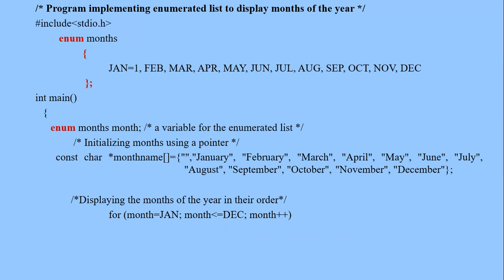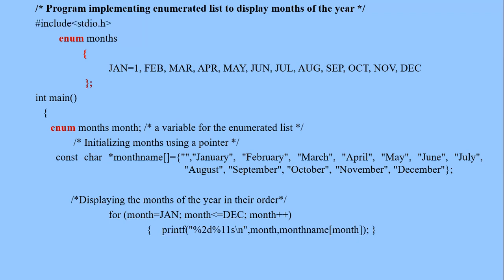So if 1 is less than or equals to DEC, in this case 12, then display the content of the memory location called month, followed by the content of month name at that position. So our first position is 1. So this statement will display 1 followed by the name of that month. So it will display 1 January.